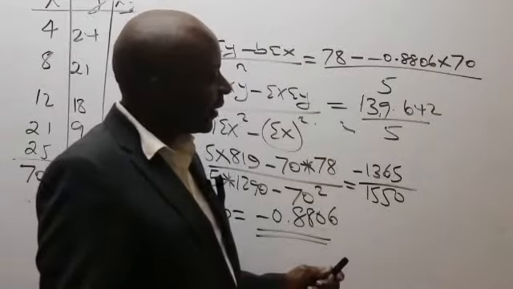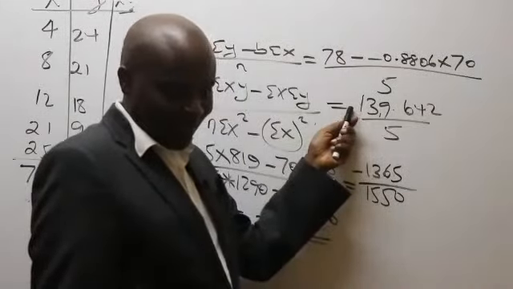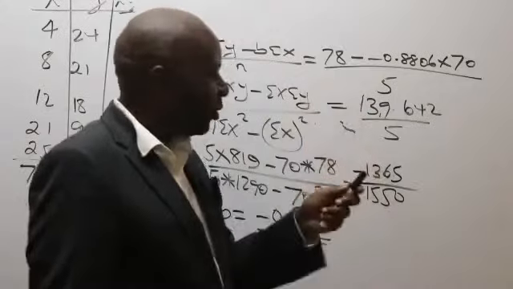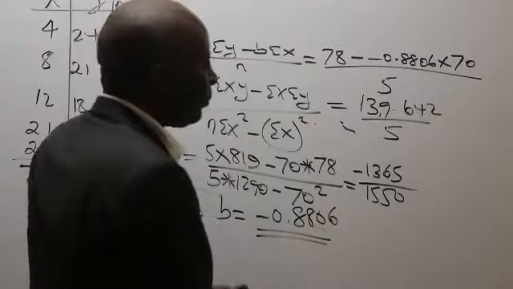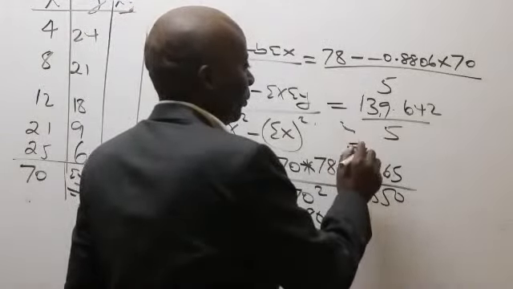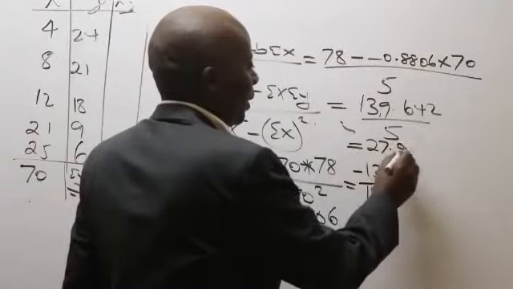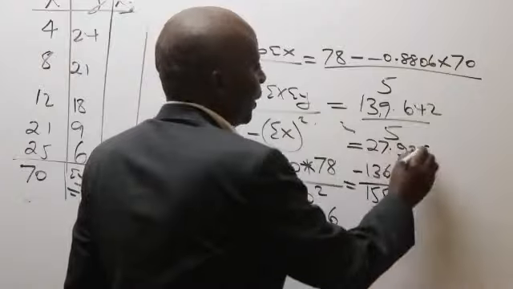I had confused the negative and positive signs. Okay, so this figure is correct. Divided by 5. So finally, what do we have there? 27.92. I want 4 decimal places. 27.9284. Thank you very much.